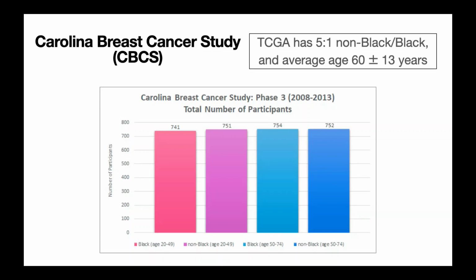And just to note, we have a 1-to-1 ratio in both comparisons, and other public data sets of genomic data for breast cancer are much more skewed to women who self-report as white. TCGA has a 5-to-1 ratio, and average age skews to the higher. So the study design purposefully upweights women with breast cancer who are Black and younger as well.